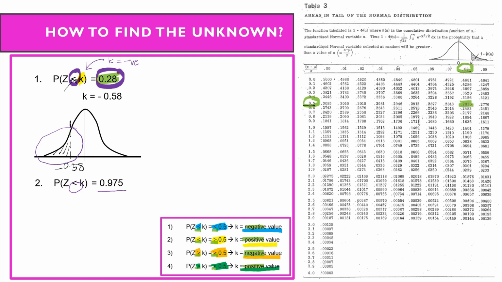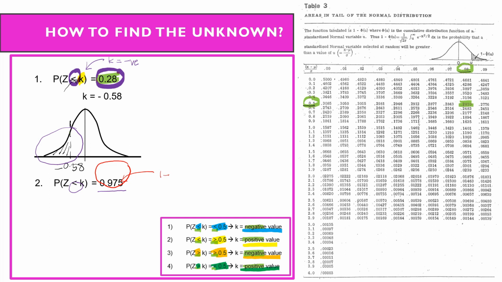Different sign or same sign? Different sign. Therefore, k is a positive value. In the table, is there any value exceeding 0.5? No. So you have to deduct this value.